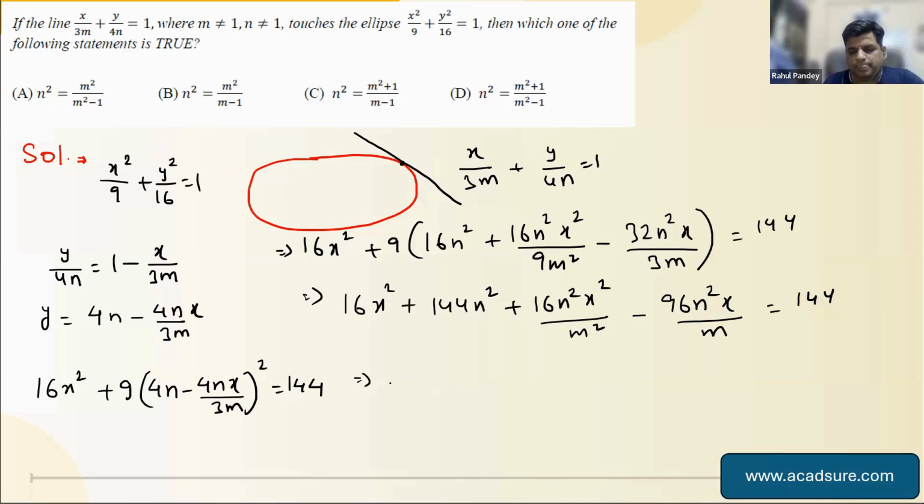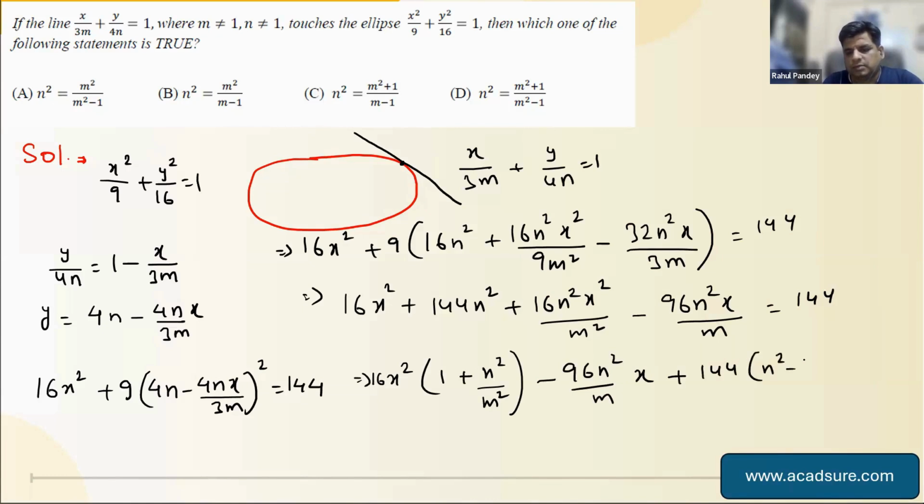Let's just rearrange the x square terms. It will be 16x square (1 plus n square upon m square) minus 96 n square upon m into x plus 144 (n square minus 1) is equal to 0.